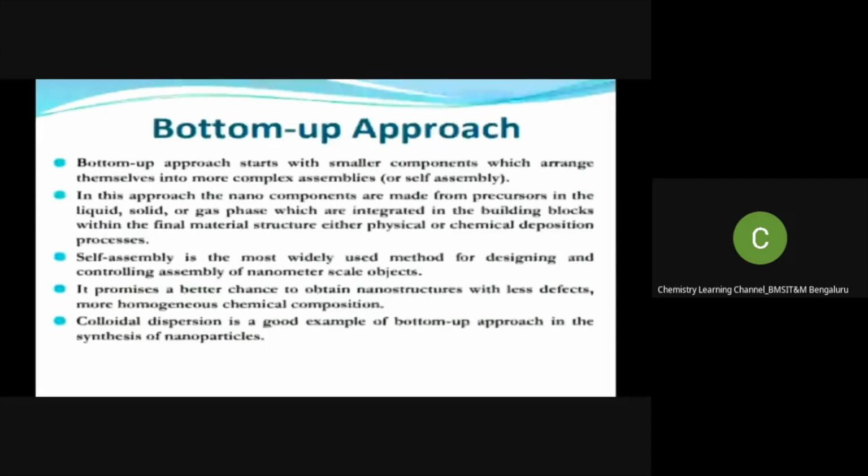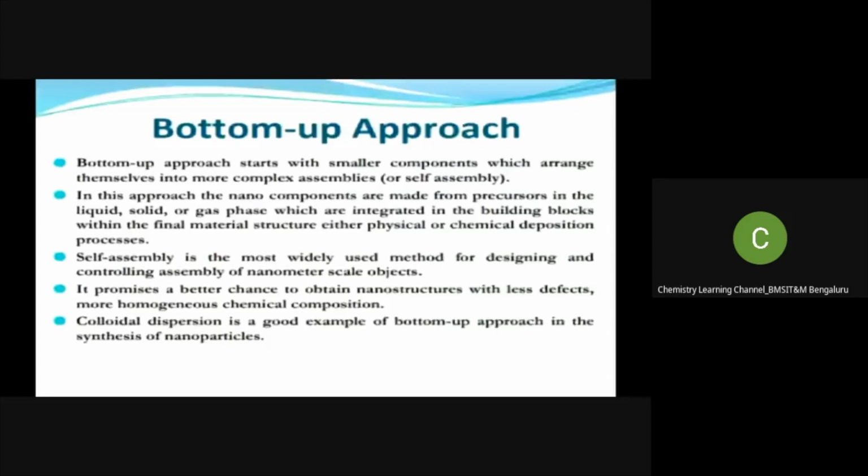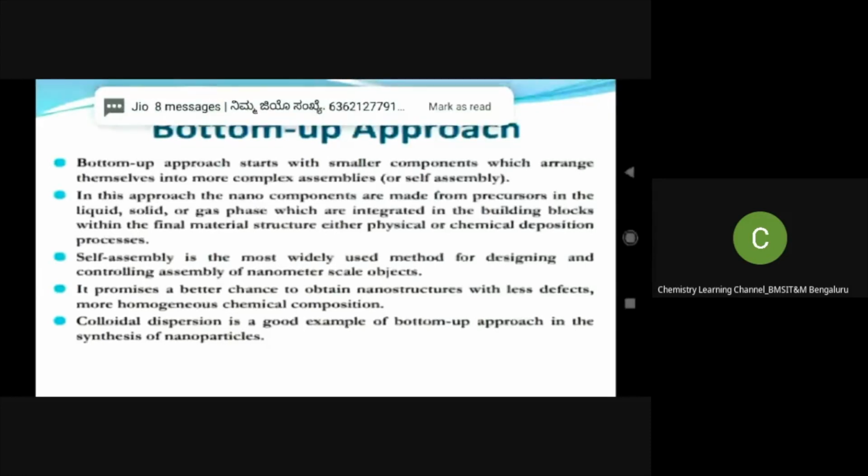Self-assembly is the most widely used method for designing and controlling assembly of nanomaterial scale objects. Self-assembly of smaller objects like atoms or molecules takes place to form the nanoparticles. It promises a better chance. Here, the advantages are nanostructures with fewer defects and more homogeneous chemical composition. Colloidal dispersion is a good example for the bottom-up approach.